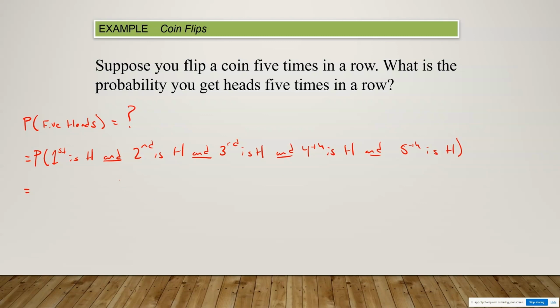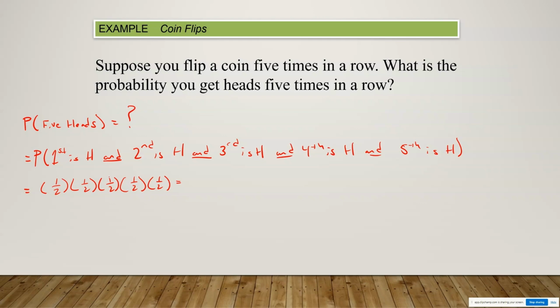Well, you just have to ask yourself, are the coin flips independent of each other? Meaning, if I flip heads on the first flip, is that going to change the probability I flip heads on the second one? No, absolutely not. So the probability the first coin flip is a head is 1/2, the second is 1/2, the third is 1/2, the fourth is 1/2, and the fifth is 1/2.